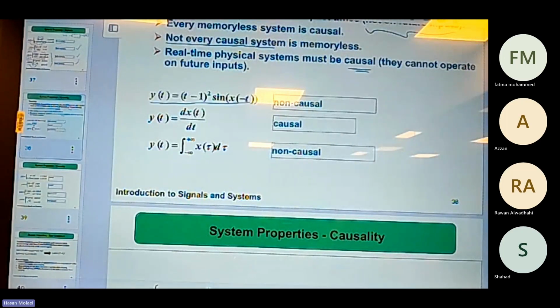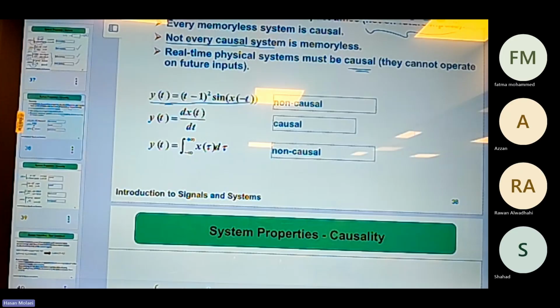Is this system causal or not? If it depends on past values, it should be causal.